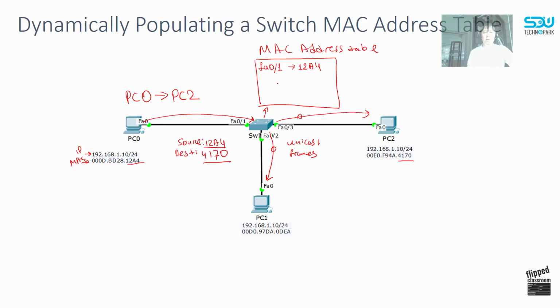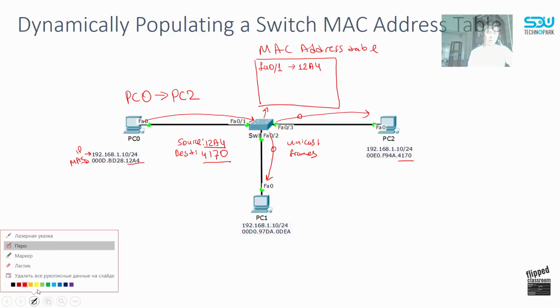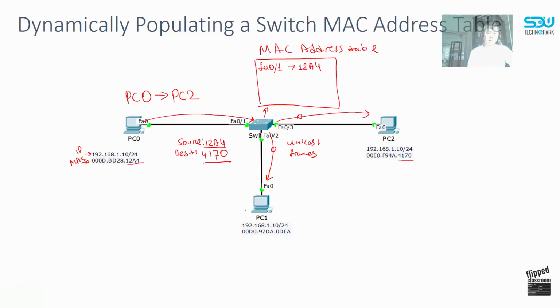So the switch resends this frame to all devices in the network. If you have 20 devices in your network, then all 20 devices will receive this unicast frame. PC1 will not react to this communication because it is not directed to it.